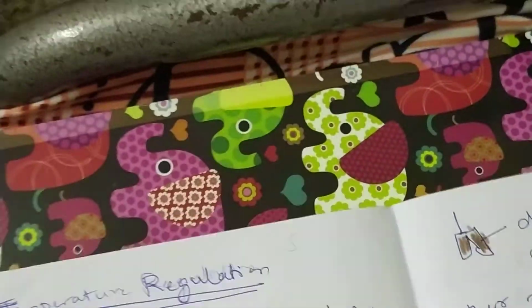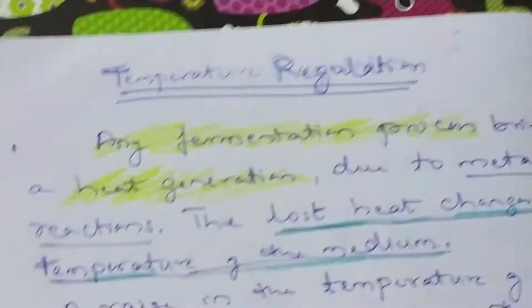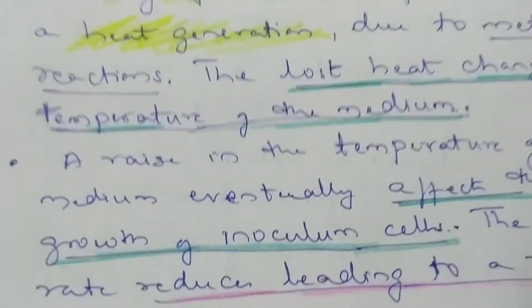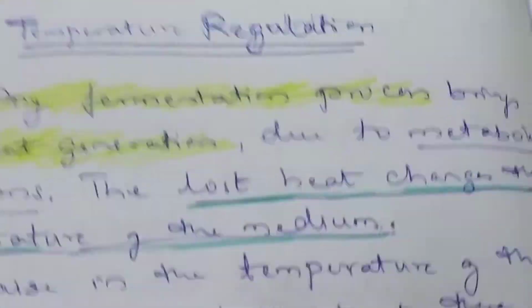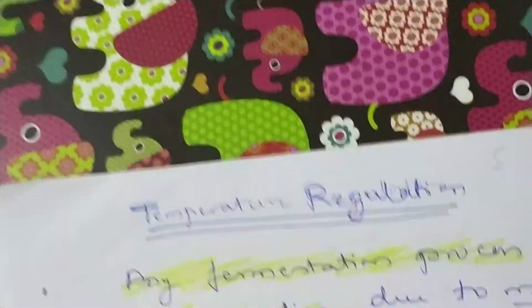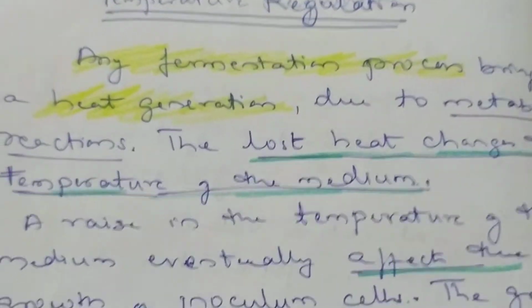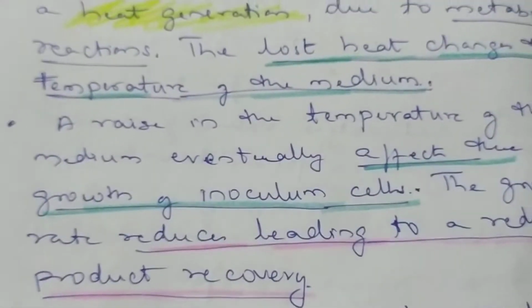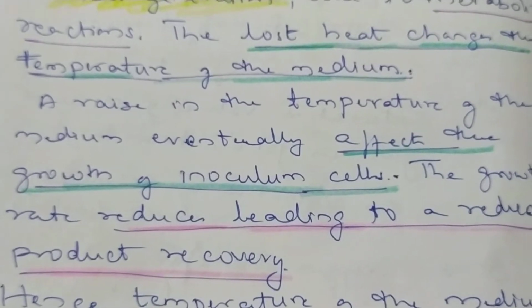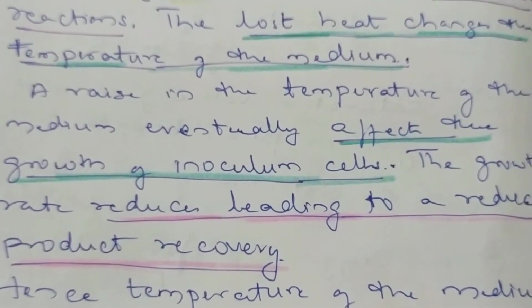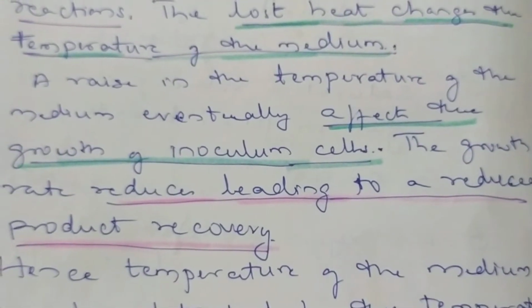Any cell which undergoes metabolism will definitely produce heat, and that is going to affect the fermentation system. Here growth of the inoculum cells is very important. It reduces the rate of product recovery.